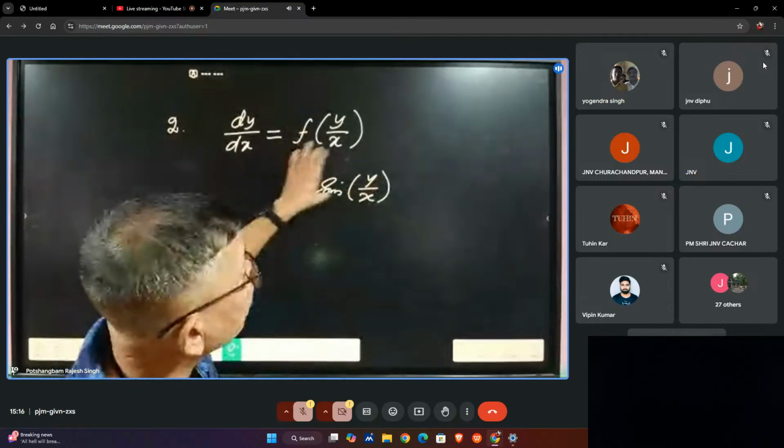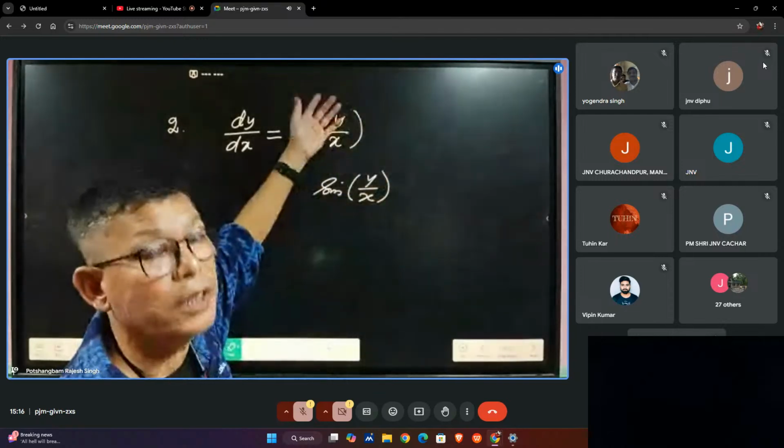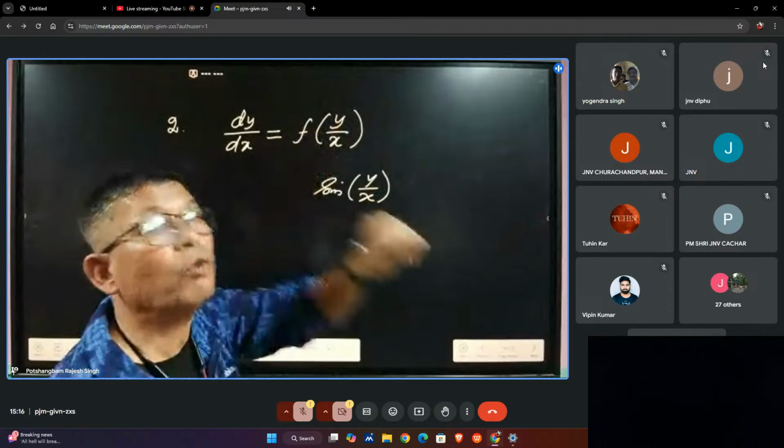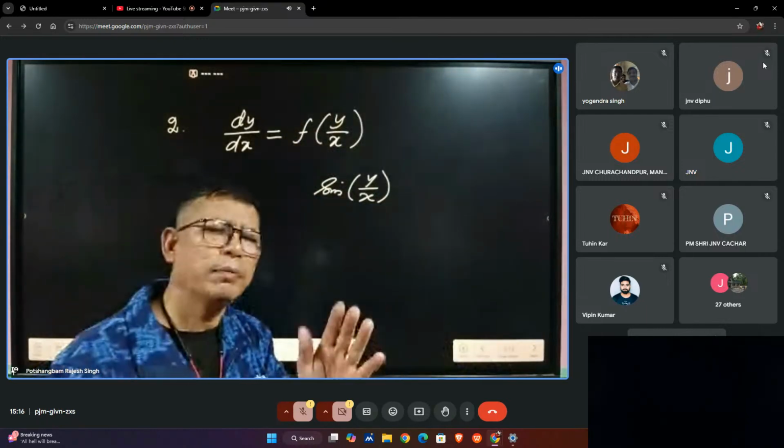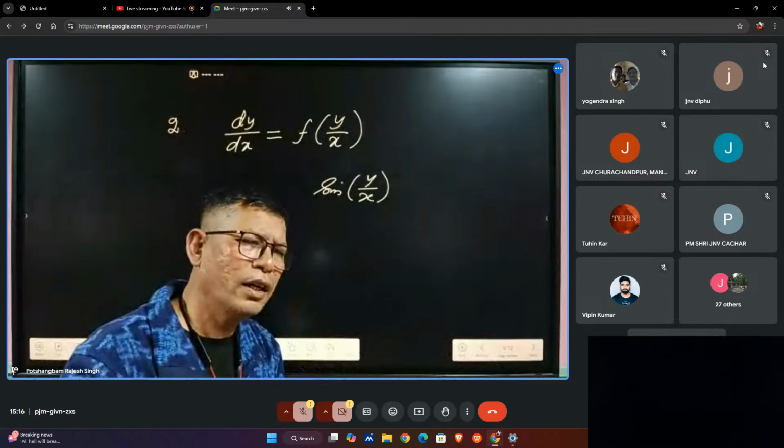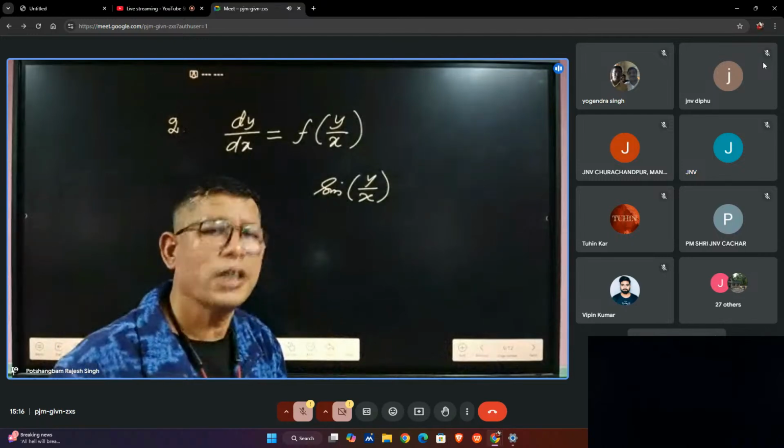If a function of y by x is there in your differential equation, that will also be a homogeneous differential equation. Or if a function of x by y is there, that will also be your homogeneous differential equation.